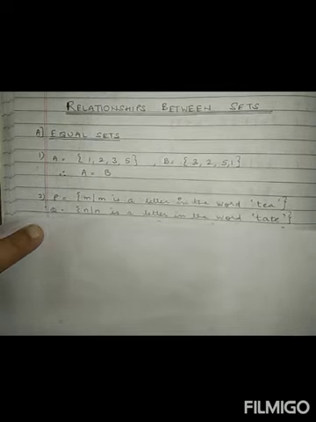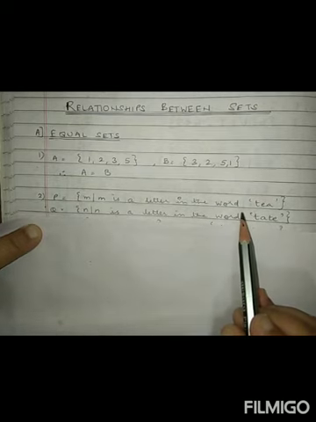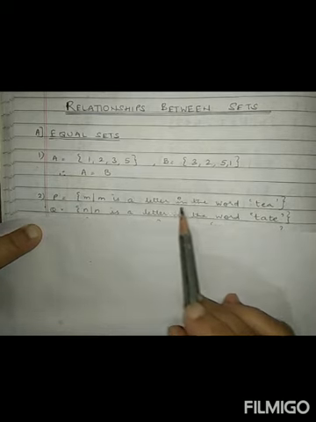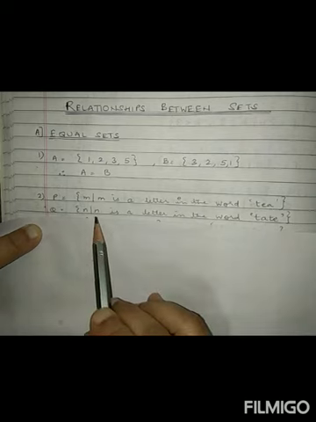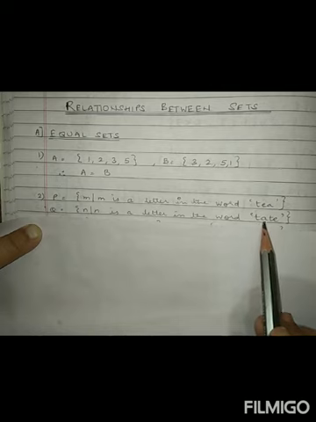The next one given to us is in the set builder form. P is a letter in the word TEA. And for Q, Q is a letter in the word TATE.